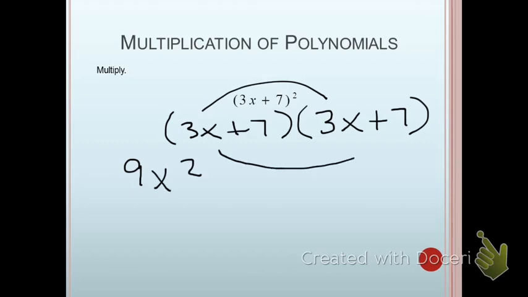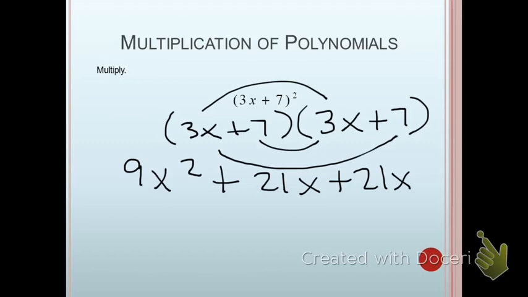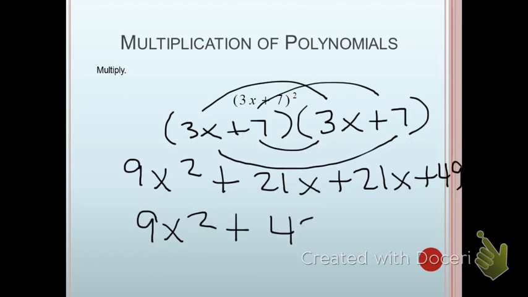Our outer, 3x times 7 is positive 21x. Inner, 7 times 3x is positive 21x. And last, 7 times 7 is positive 49. Let's combine our inner and outer terms. So our final answer will give us 9x squared plus 42x plus 49. Another example of a perfect square trinomial.